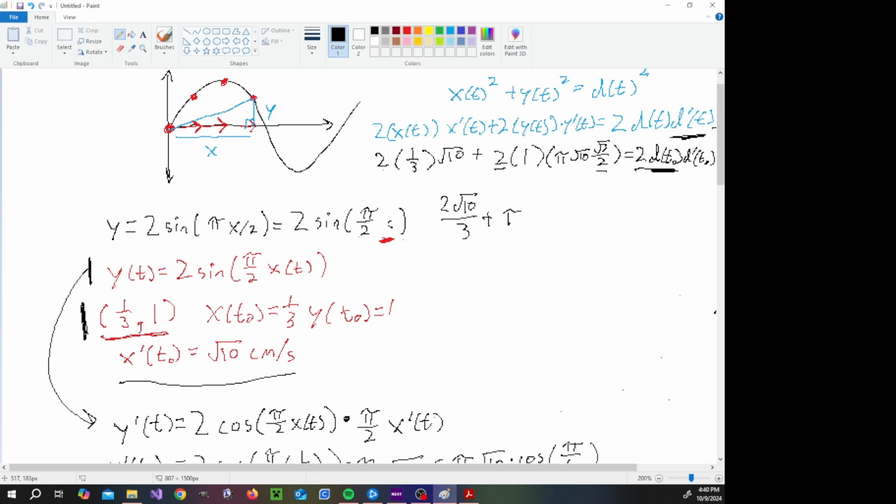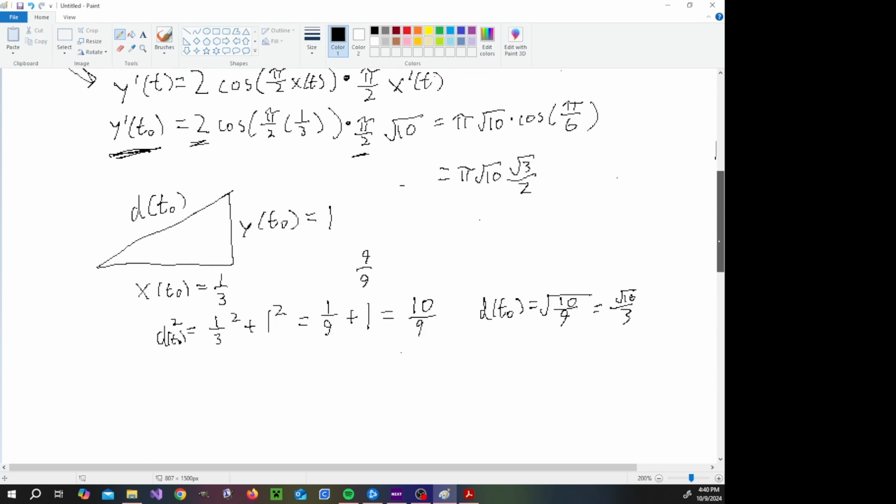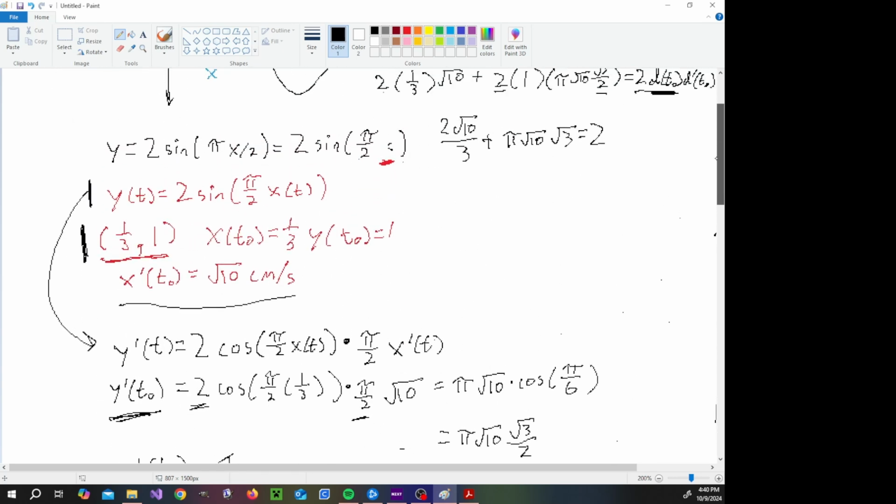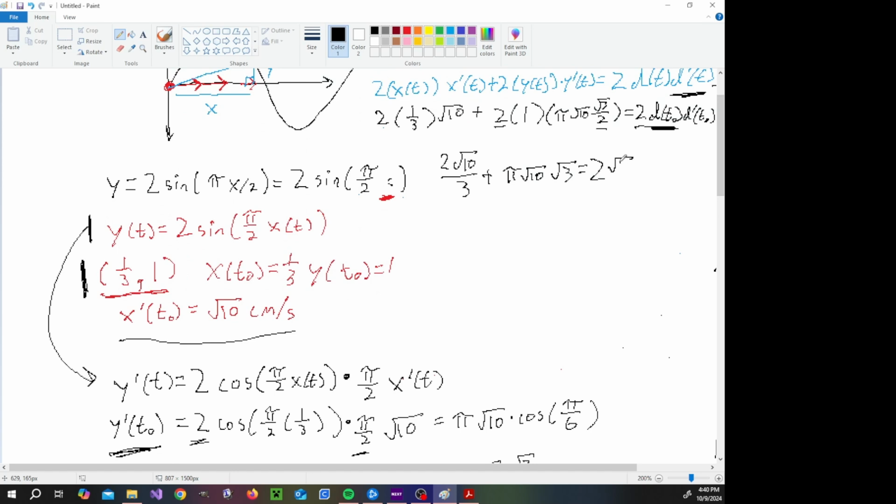So that's just going to be pi root 10 root 3 is equal to 2 times this quantity we just found, root 10/3, times d prime of t naught. Well, we just figured out what everything except for d prime is, so all we have to do is divide both sides by this 2 root 10/3.